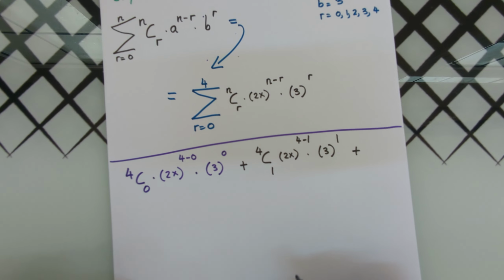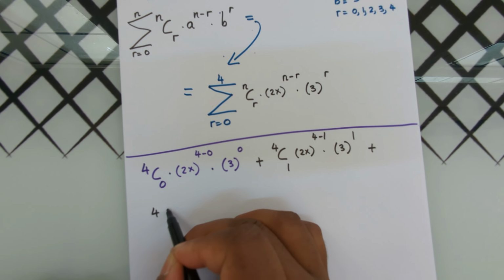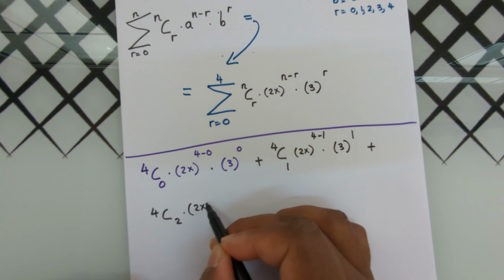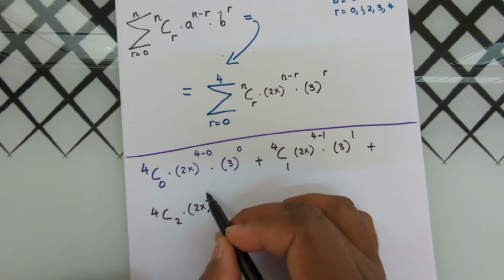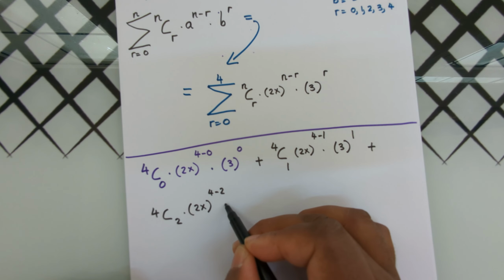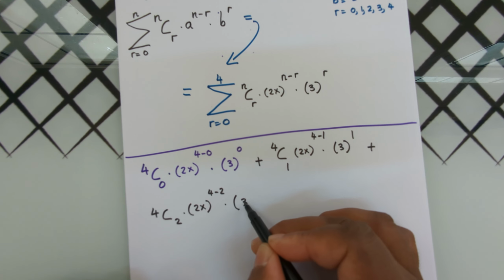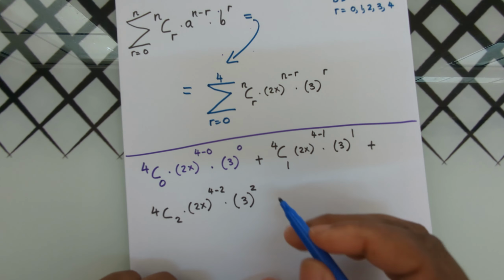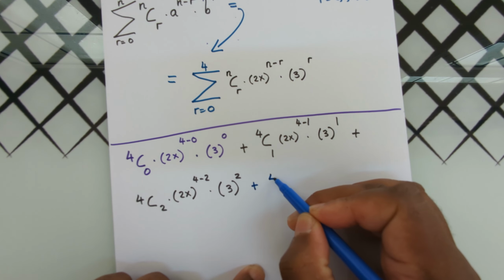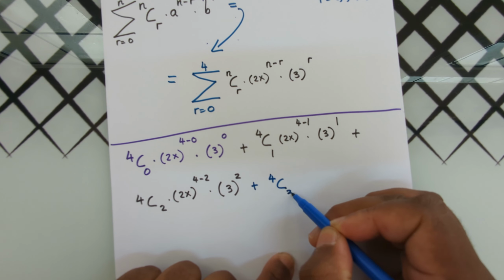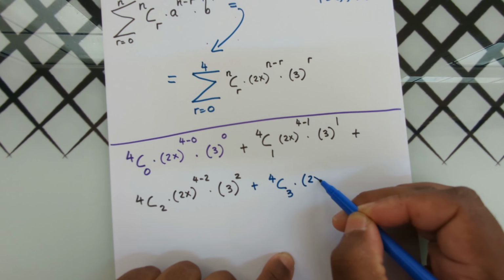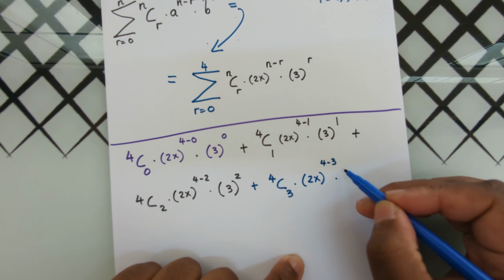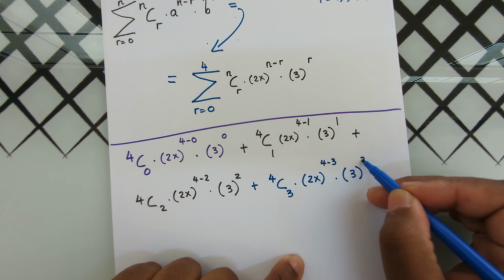Then we move on to the third term, which will be 4 choose 2 multiplied by 2x to the power of n minus 2, which is 4 minus 2, multiplied by 3 to the power of 2. Moving on to the next term, it will be 4 choose 3 multiplied by 2x to the power of 4 minus 3, being multiplied by 3 to the power of 3.